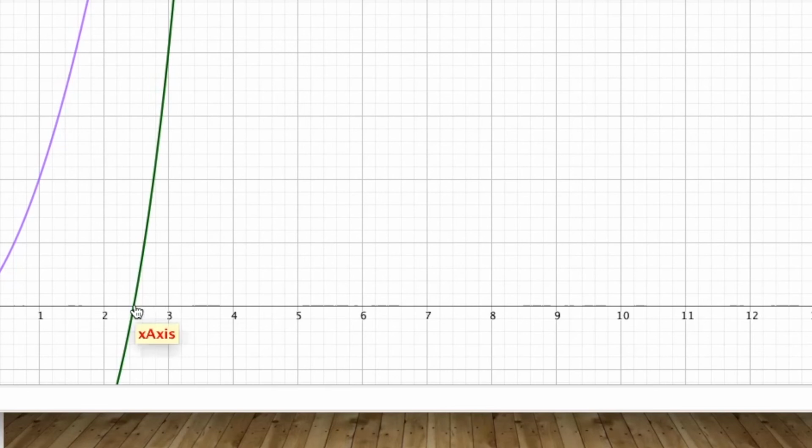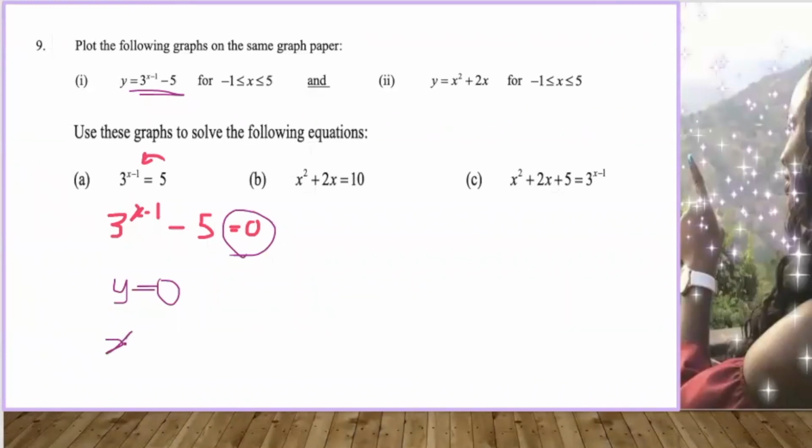As you can see, it's this point right here. This is 2, and we're going up by 0.2 with the small lines. This is going to be 2.2, 2.4. So this means x is 2.5 because it's in the center. So the answer for this will be x is equal to 2.5.